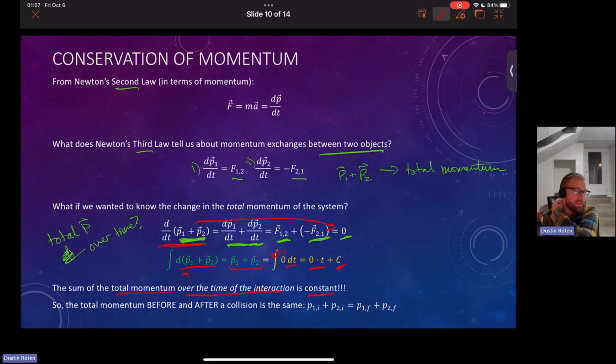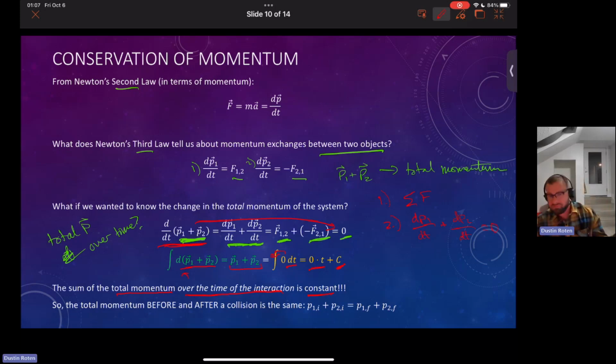So you see what happens here? We added up these two forces. They were equal and opposite. So we summed the forces. They were equal and opposite. So we know if we write these forces in terms of their momentum, this cancels out.